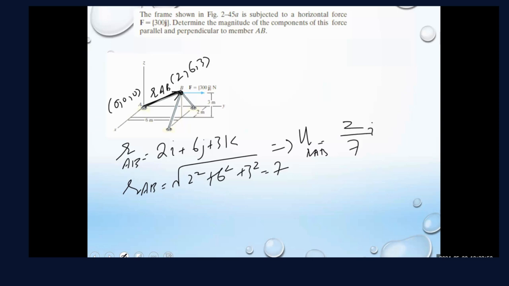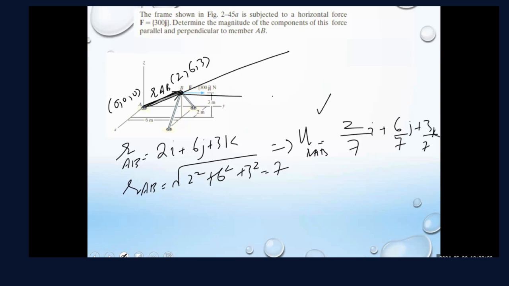The magnitude is the square root of 2 squared plus 6 squared plus 3 squared, which is equal to 7. So the unit vector for r AB is 2/7 i plus 6/7 j plus 3/7 k, right?